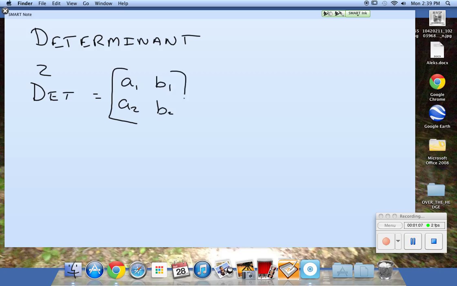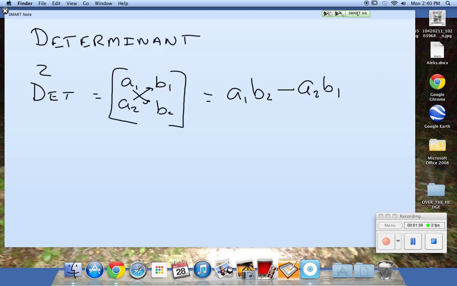All right, so we have a 2 by 2 matrix. And we're going to do the determinant of this. And the determinant of this is going to look like this. We are going to cross multiply. We're going to multiply the A1 times the B2 and the A2 times the B1. And it'll look like this: A1 times B2 minus A2 times B1.